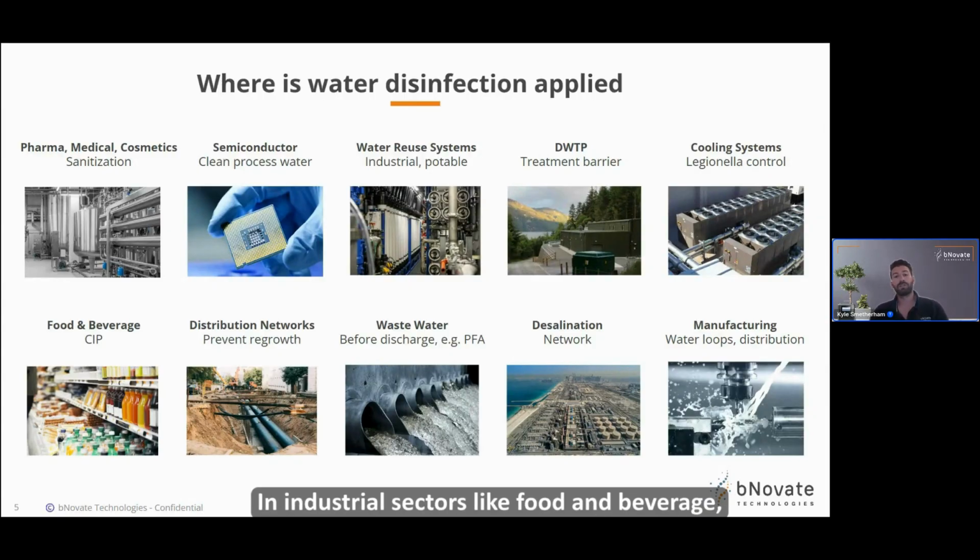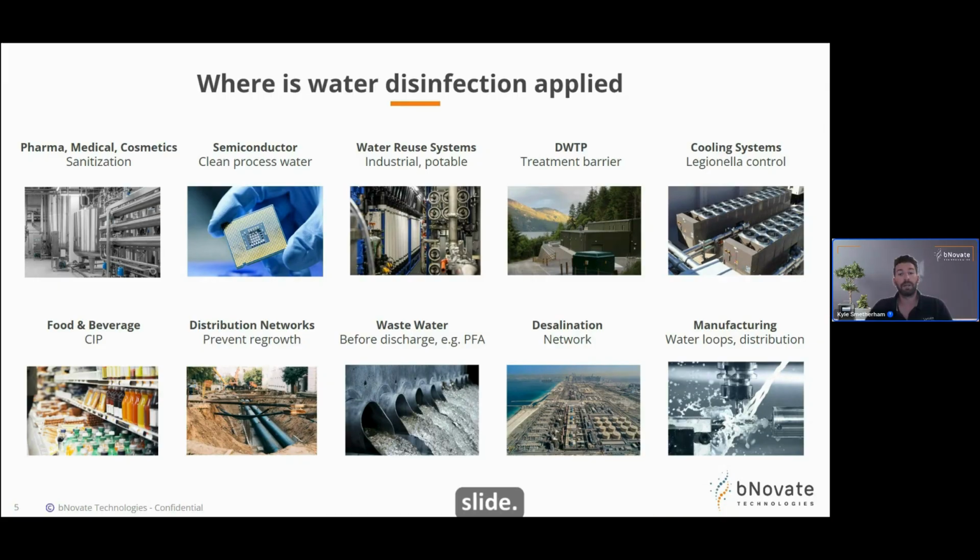In industrial sectors like food and beverage, pharmaceuticals, cosmetics, and maybe semiconductor manufacturing, chlorine disinfection can also play a key role in keeping processed water clean and safe. It's even found in desalination plants, manufacturing facilities, and other specialist applications where microbiological control is essential. So while chlorine is a powerful and versatile disinfectant, it does also have its challenges, and that's what we'll look into in the next slide.